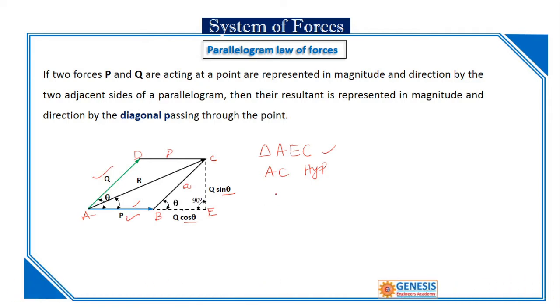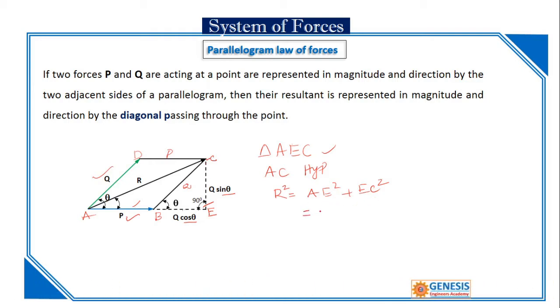If you take this, R square is equal to, what do you understand? That is AE square plus EC square. What is AE? This side is AE and this vertical line is EC.